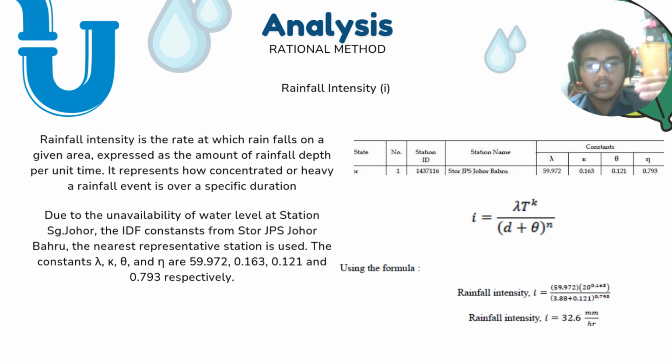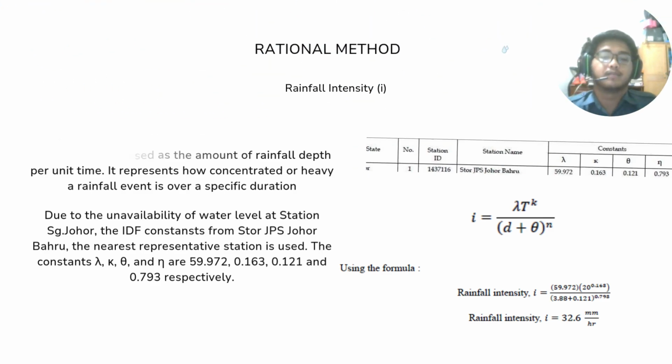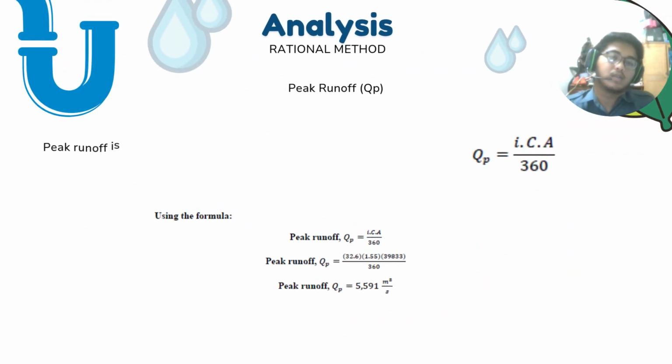So we use the other station because store JPS Johor is the nearest representative station to Sungai Johor, and we use the constant parameters given in the MASMA. Using the formula, we get the rainfall intensity equals 32.6 millimeter per hour.